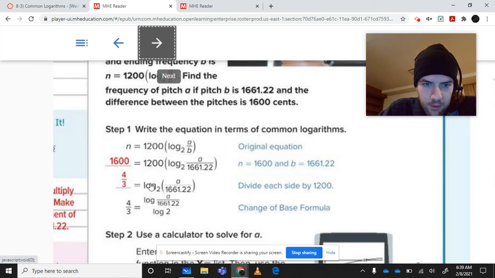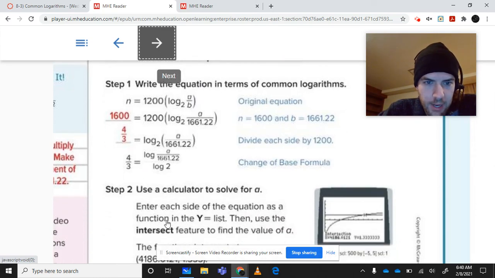And then we would have this, log base 2 of some quantity. We want to change the base into a common logarithm, so we want to get to log base 10. And just recall how we do that. We just say, okay, log base 2 of this should be equivalent to log base 10, the implicit 10 in there, of the same thing divided by log base 10 of the original base we were working with. Okay, so these would be the series of steps that you'd go through, and then you'd use a calculator to solve for A. So you'd take 4/3, multiply it by whatever the value of log 2 is.